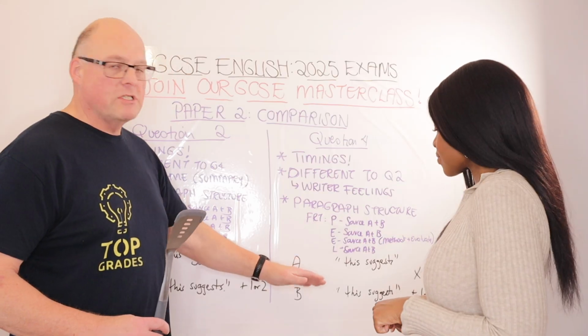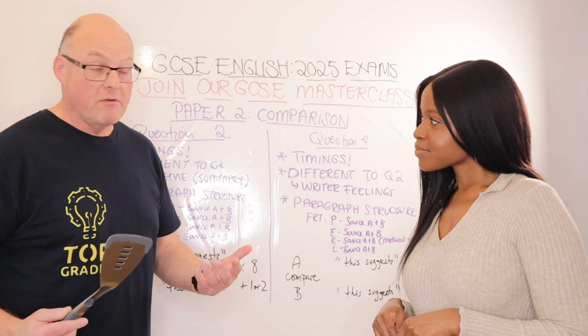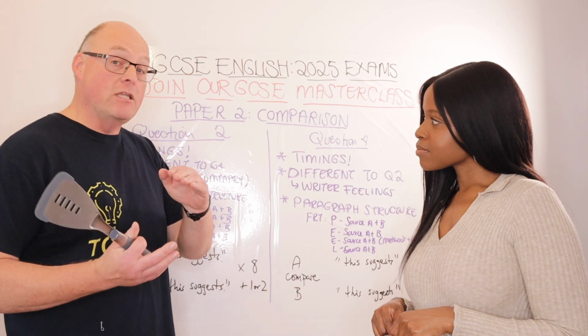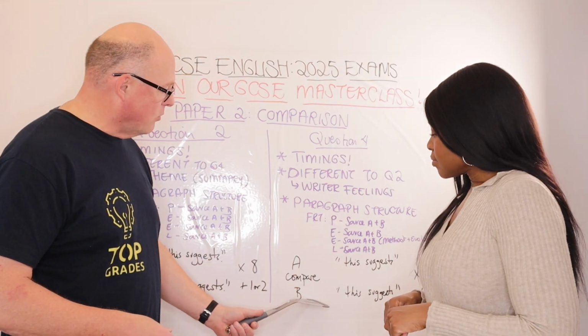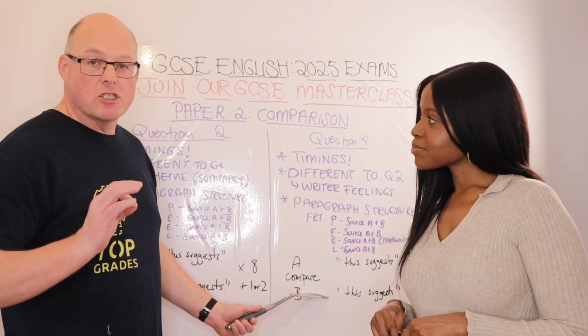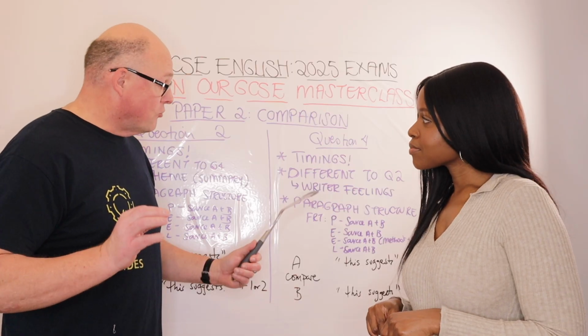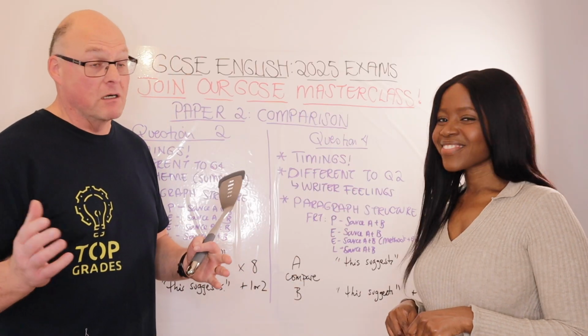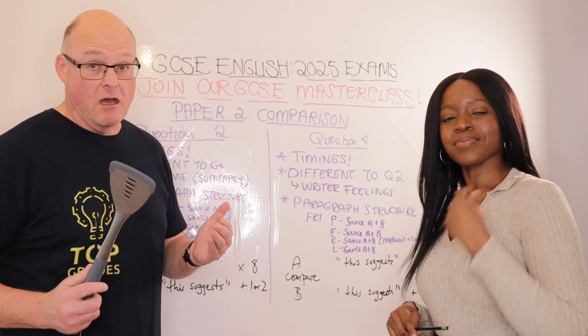Again, comparison is not an assessment objective, so you don't need it all the way through your answer. You just need it in your answer, and having it all when you get to Source B is totally fine. The crucial thing, though, is you need 16 explanations to get full marks, and that's tough.